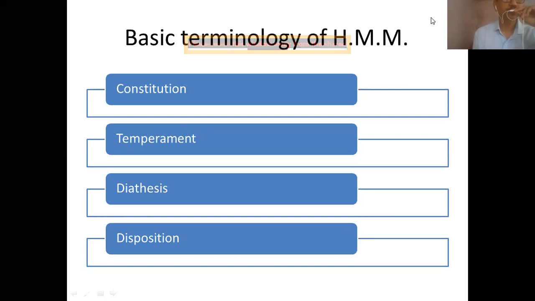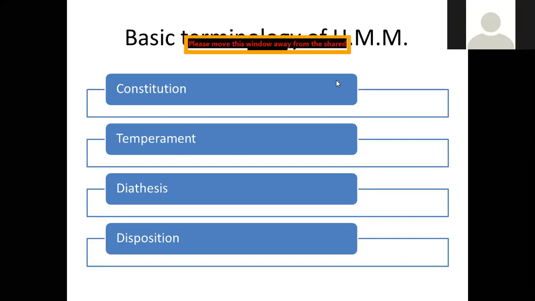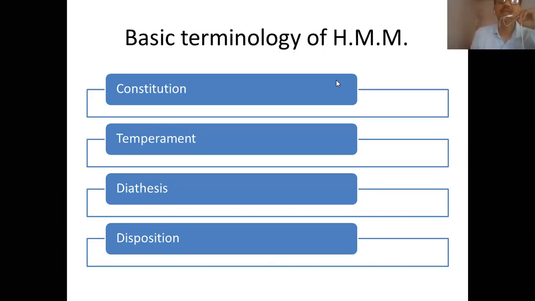Now, these four terms are very important as far as the study of homeopathic materia medica is considered. Because if you remember what type of constitution, temperament, diathesis, and disposition a remedy has, it will be very easy to write the drug picture in your exams.